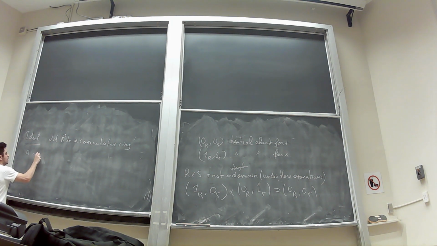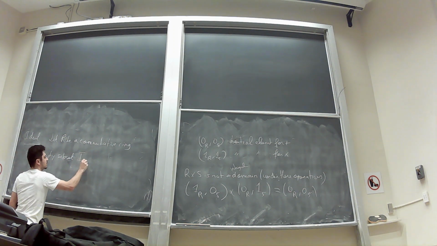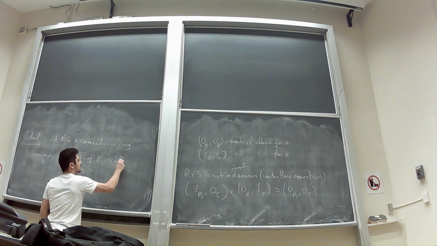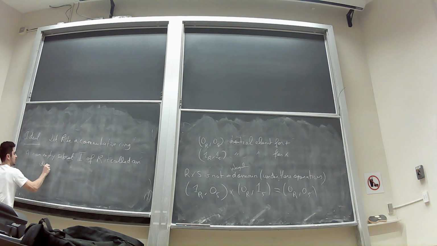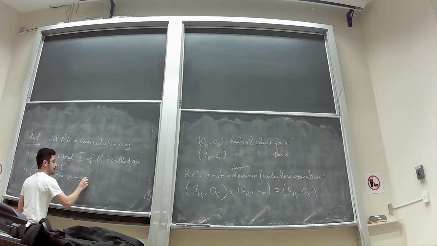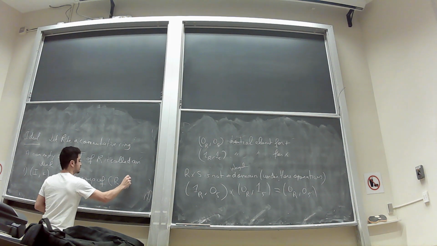A non-empty subset I of R is called an ideal if, one, I plus is a subgroup of R plus.